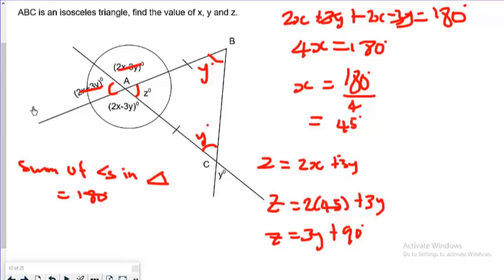Good. So I have y plus y plus z is equal to 180 degrees.